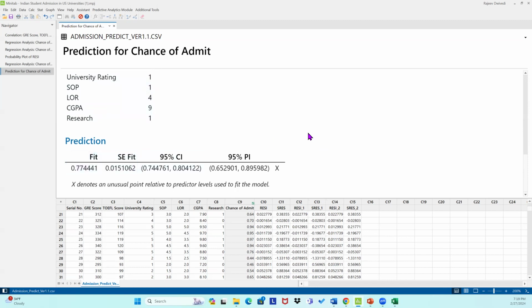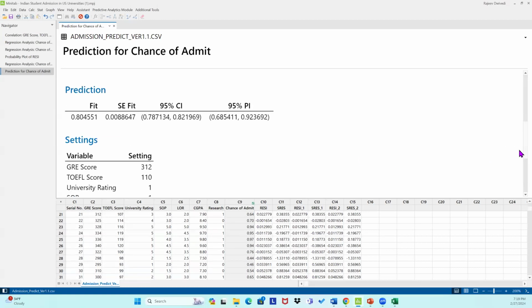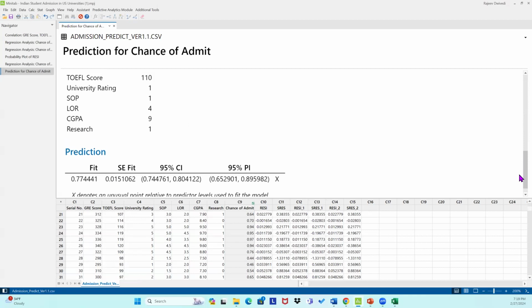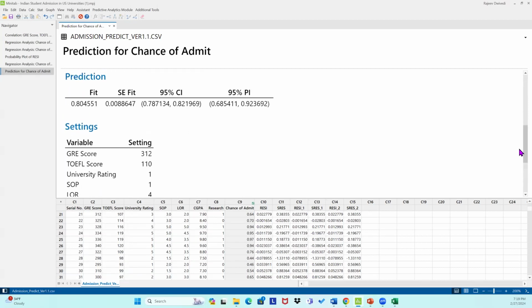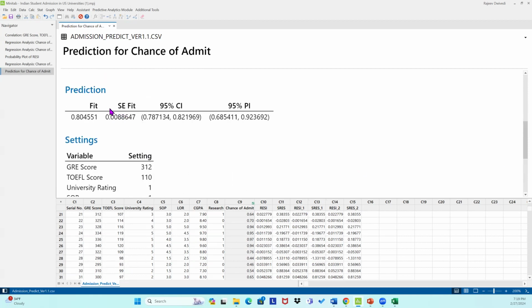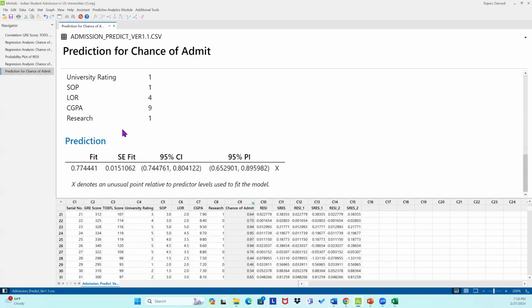That means if I don't submit a statement of purpose and I don't select the rating, my chance of admission will be only about 2.5% less. That means these are not playing any important role in the model.